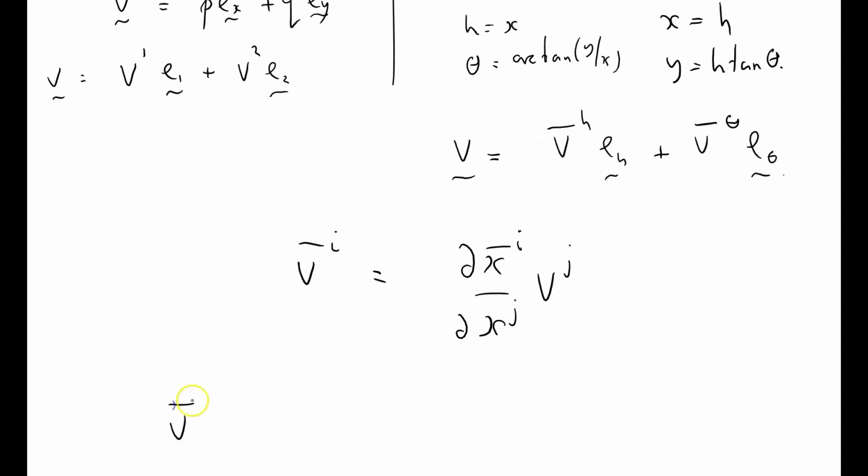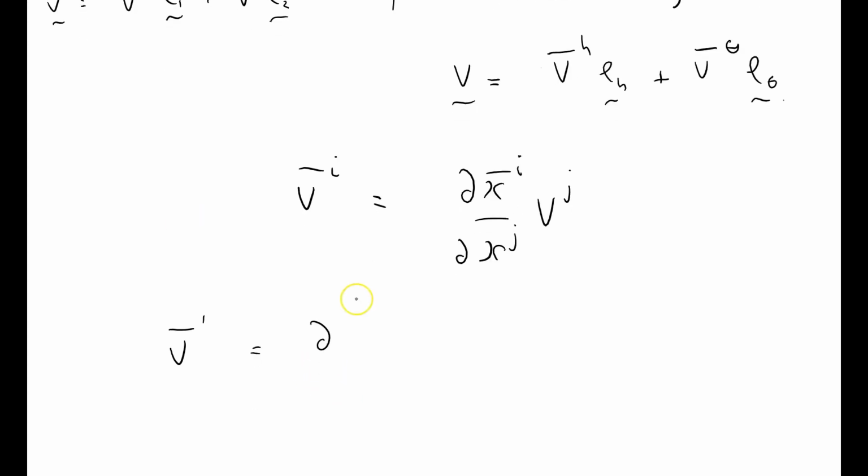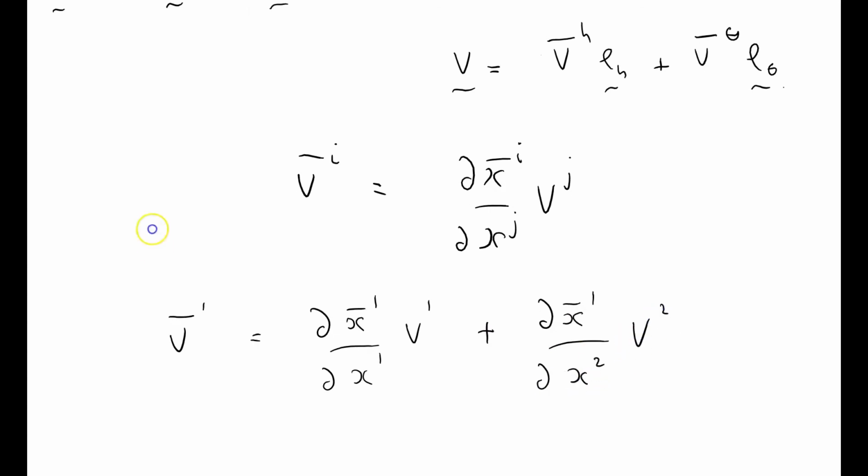Okay, v bar 1 equals what? Let me just write it out and then I'll show you what I'm doing. It's going to be partial x bar 1 by partial x1 times v1, plus partial x bar 1 by partial x2 times v2.